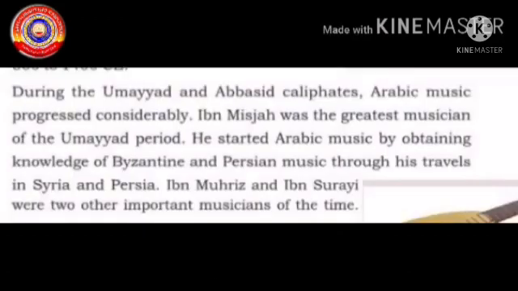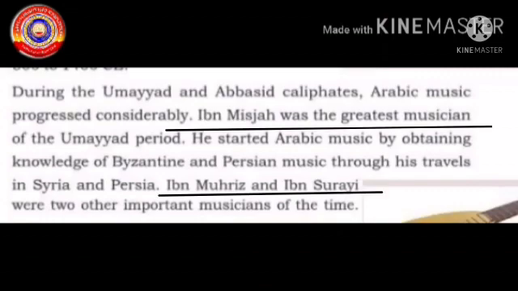He started Arabic music by obtaining knowledge of Byzantine and Persian music through his travels in Syria and Persia. Ibn Muhriz and Ibn Surai were other important musicians of the time.